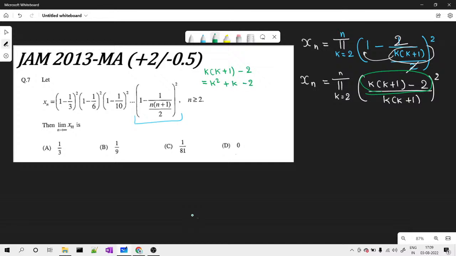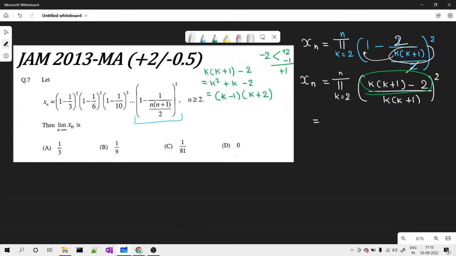That is a quadratic polynomial that we can factorize. Minus 2 should be divided into two parts so that the sum is plus 1, so it is plus 2 minus 1. So the given quadratic polynomial is actually k minus 1 times k plus 2, and if I open this bracket, I get the required quadratic polynomial. So the numerator is the product of k minus 1 with k plus 2.